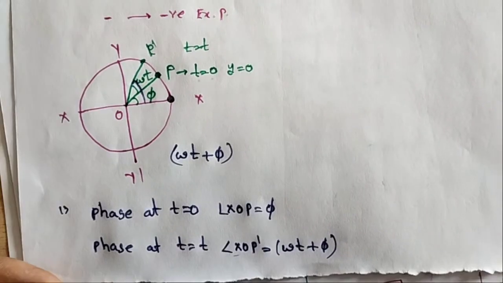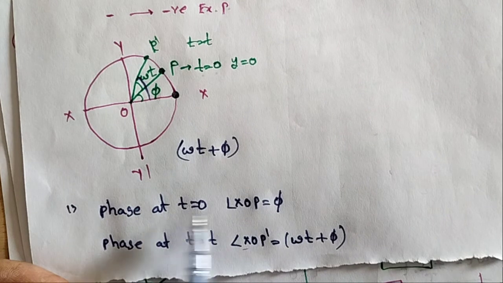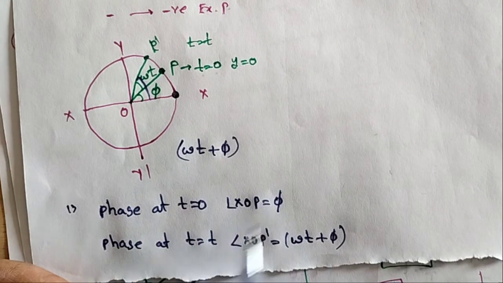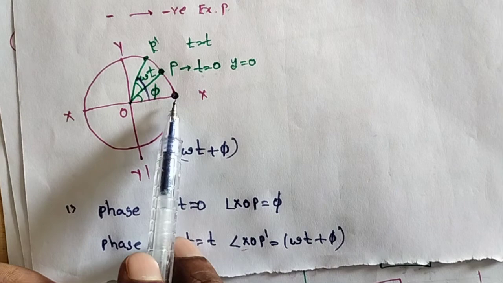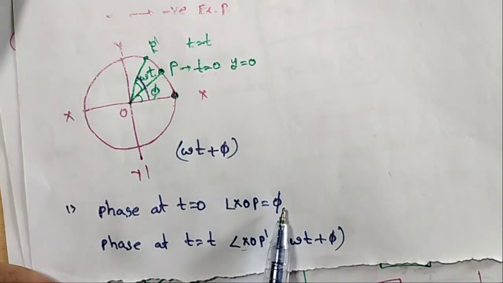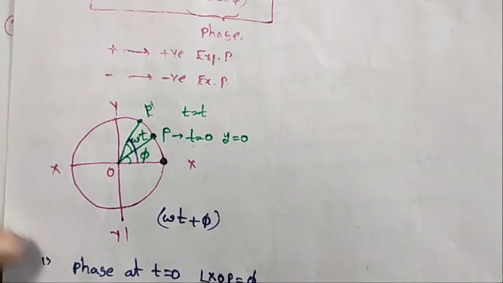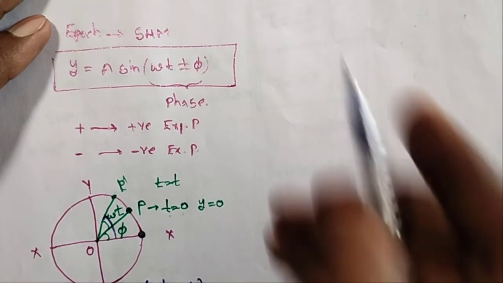Okay, all of you understanding? Phase at t is equal to 0, what is the angle? Phi. After time t, what is XOP dash? Omega t plus phi. Suppose the particle is starting at the mean position, phi is equal to 0, automatically omega t plus phi becomes omega t. And this is positive, it is moving in the positive direction.